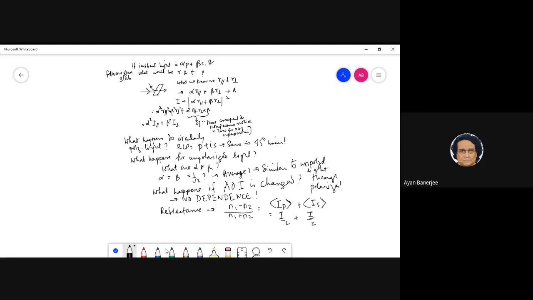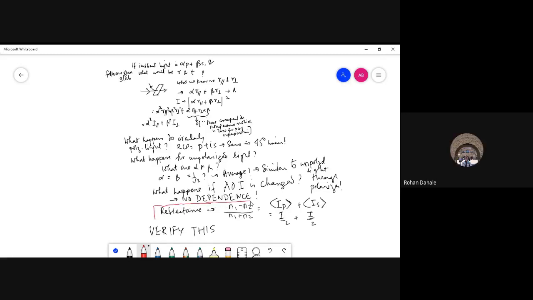Tell me why this is not very easy to verify. So which part exactly? This part. Okay, let me use a nice red pen.